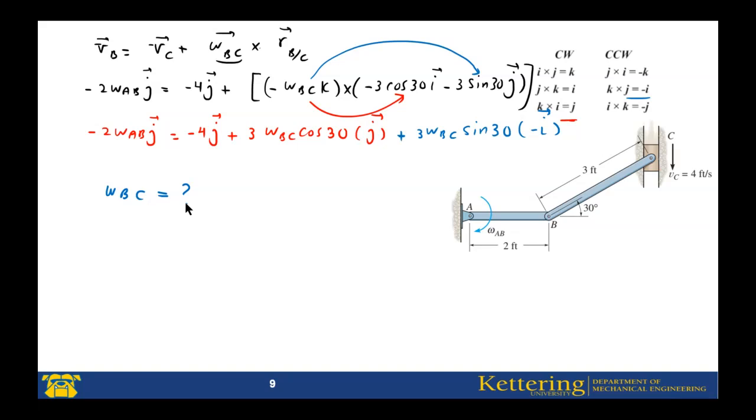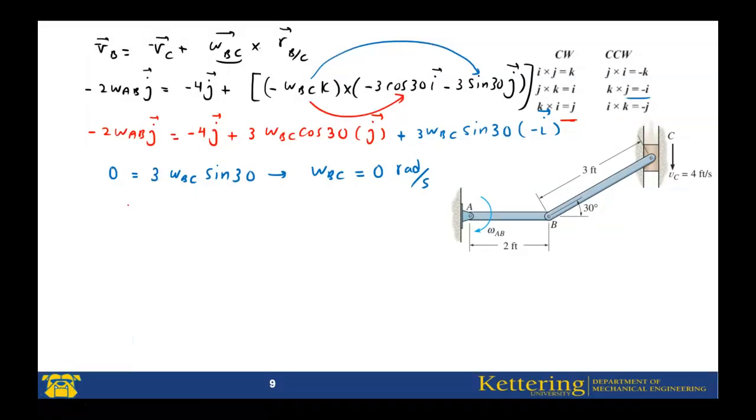No. So this will be 0, that is, zero equals 3 omega BC sine 30. From this, we can conclude omega BC is 0 radian per second.